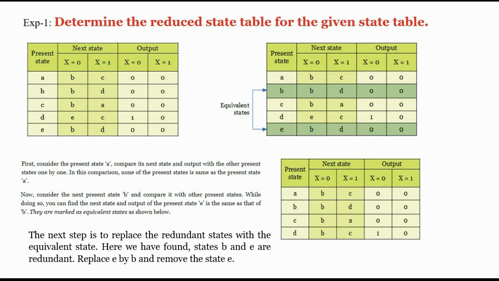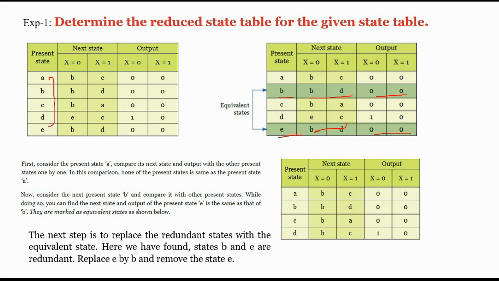Say, for example, here we have taken the Mealy model. These are the state table with states A, B, C, D, and E. If you analyze the state table, you can understand that for B and E, the next state and the corresponding outputs are both the same.